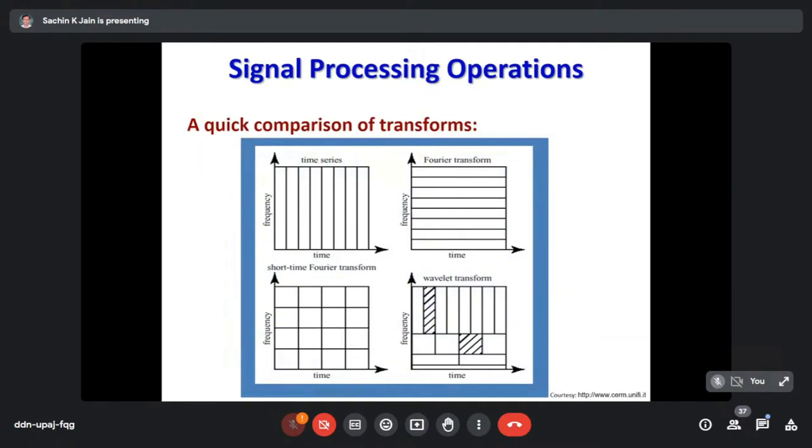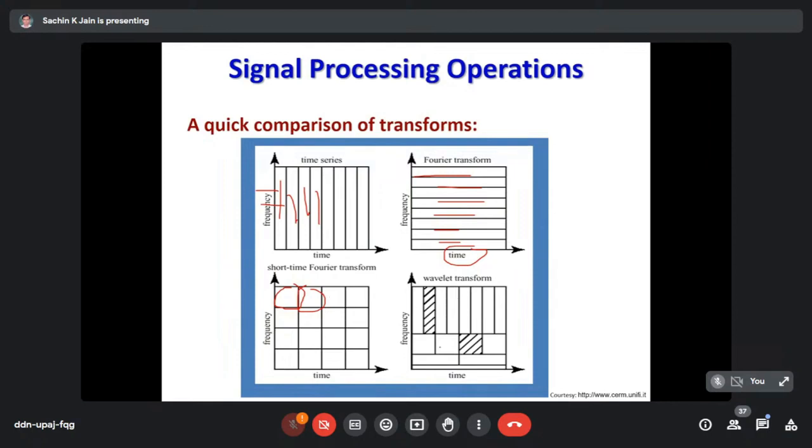So a quick comparison, this is your time series signal. In the time domain you have no frequency information, only time information. In Fourier transform, you have no time information, only frequency information. In short time Fourier transform, you can have frequency resolution and time resolution also, but they are equally spaced, so time and frequency resolutions are basically the same.